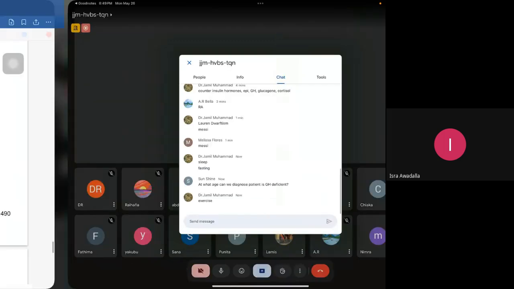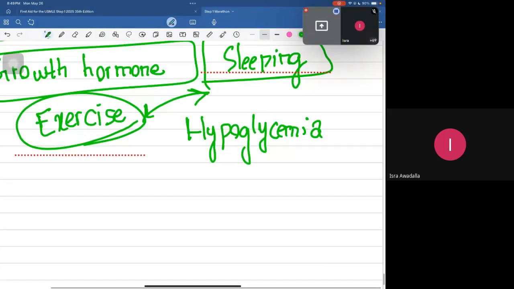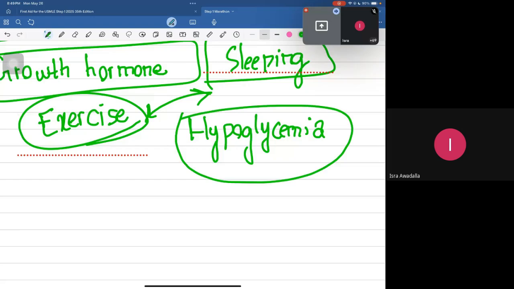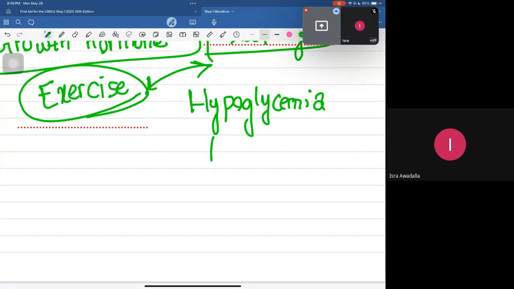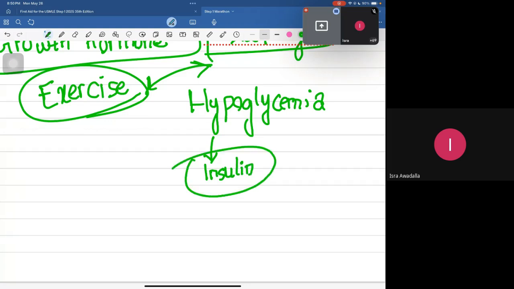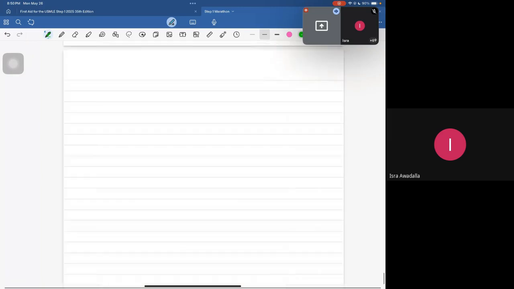Whenever a patient is having hypoglycemia, the hormone that is released in the body is insulin, right? And insulin is necessary for the secretion of growth hormone. That is why our bodies are designed in such a way that whenever growth hormone is secreted, there is insulin resistance, so that the insulin stays in the body for long, and there is increased secretion of growth hormone.